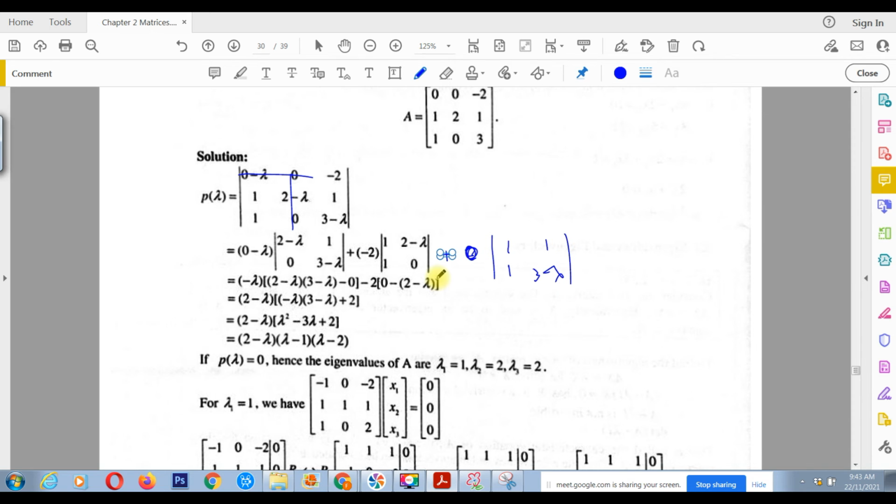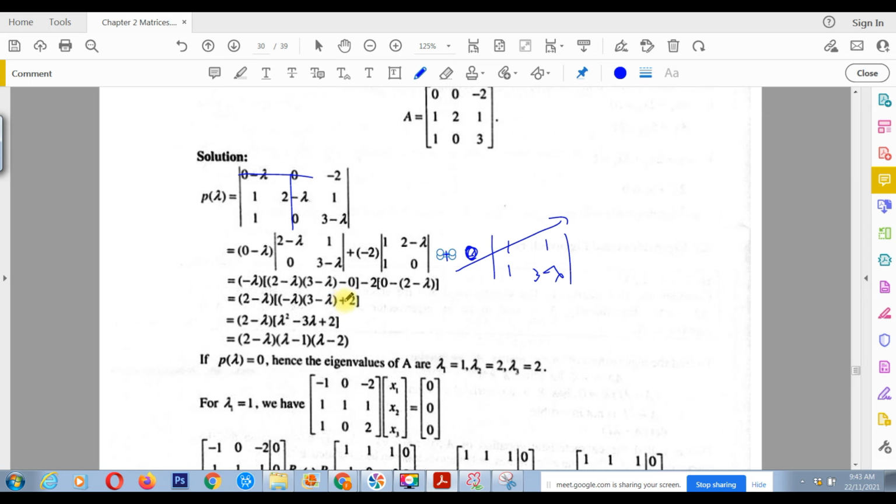Because this is 0, we do not put anything inside here. And then you solve this equation. Find the determinant of this. You will get this.